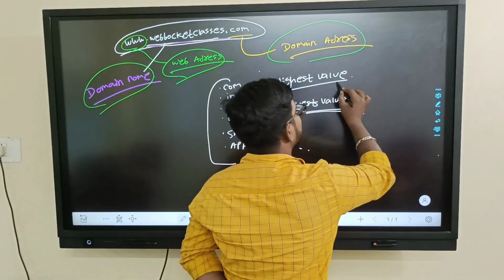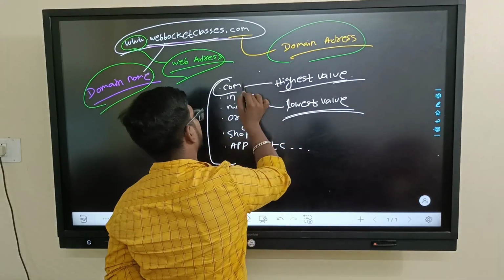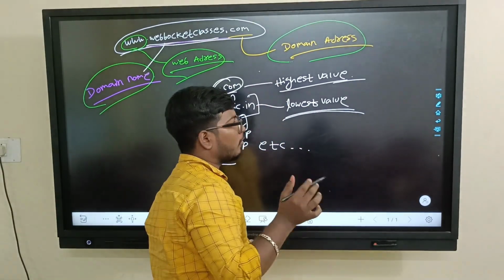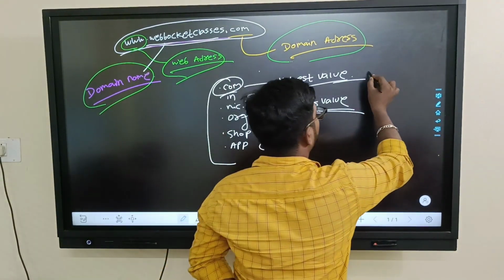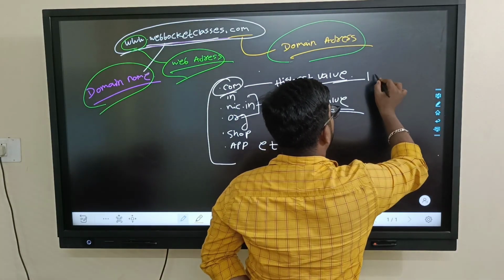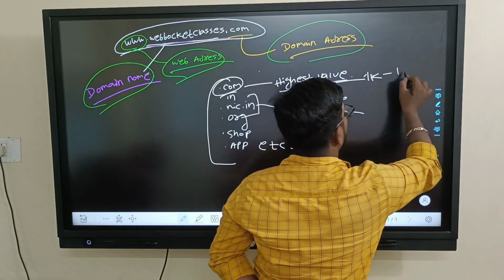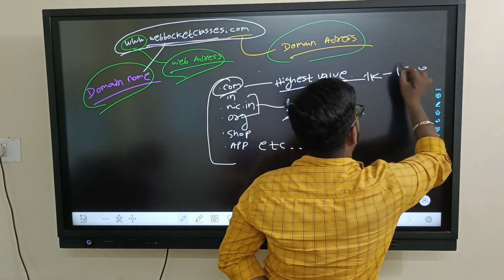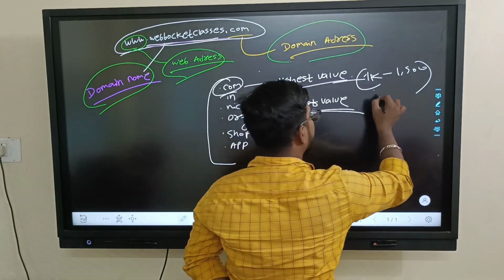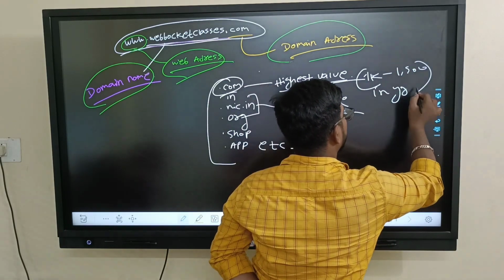Because the price range of a .com domain is 1000 to 1500 in a year.